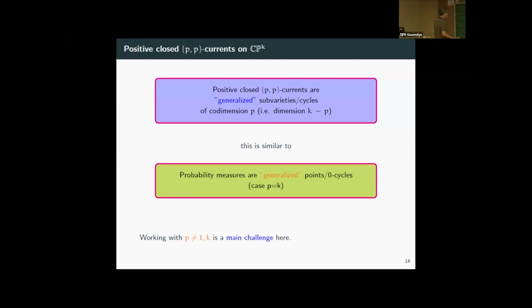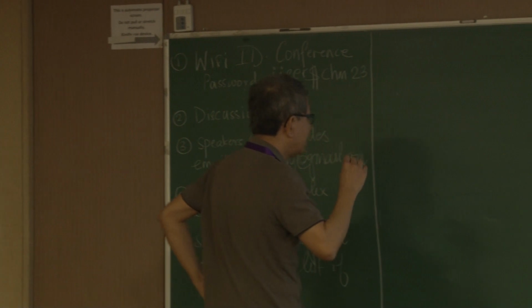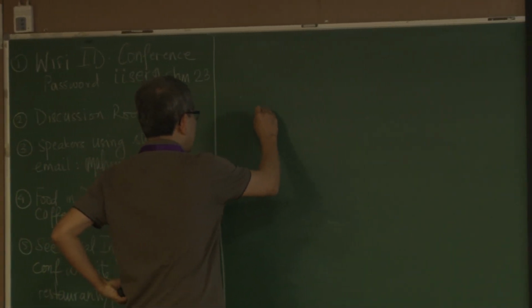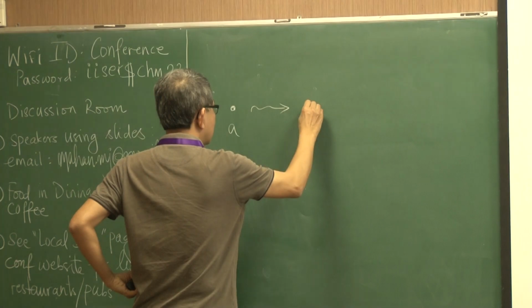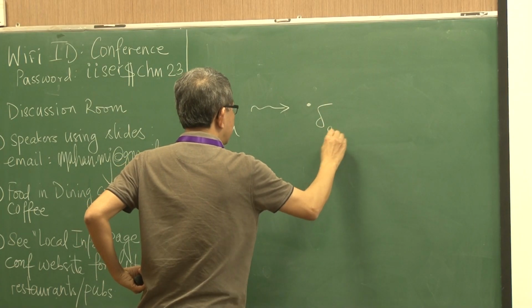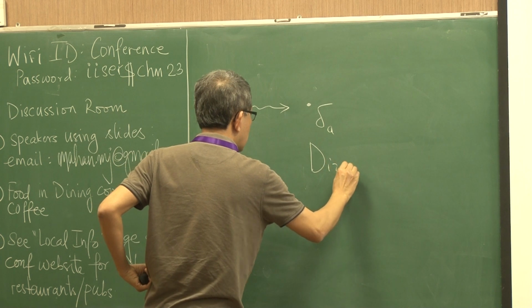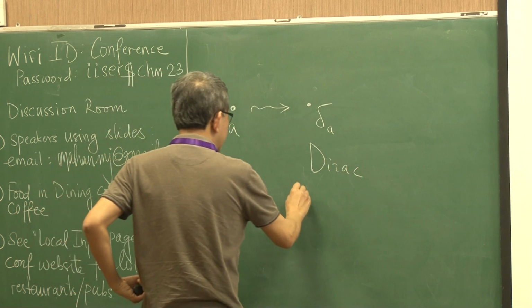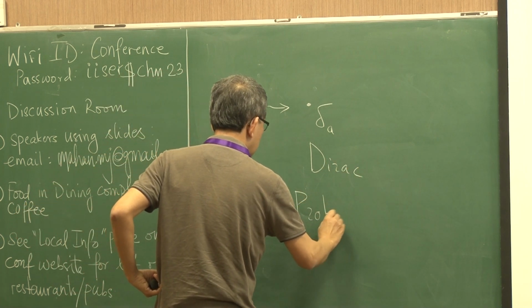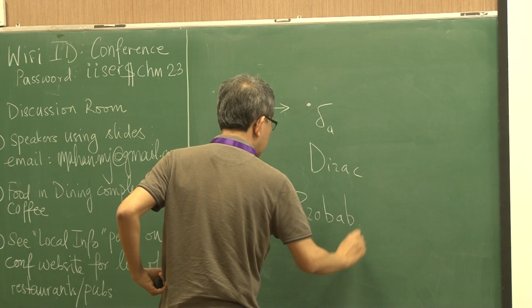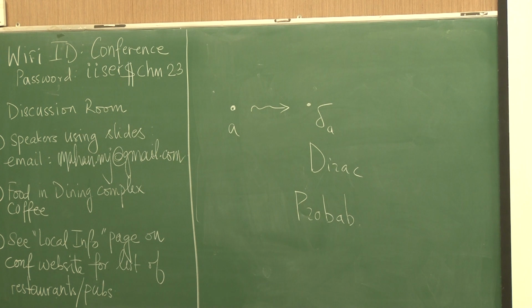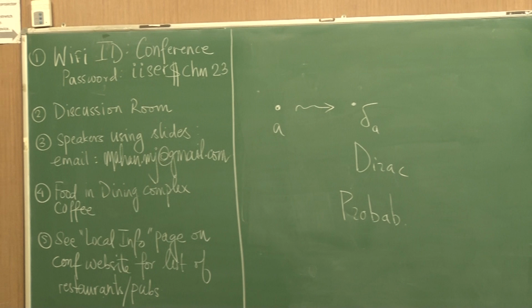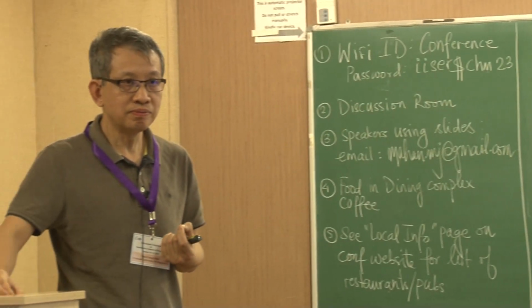Starting example: if you have a point a, then you can associate to it delta a, a Dirac mass. So this is a probability measure. So you can say that a point is a particular case of probability measure, or you can say that a probability measure is a generalization of points.